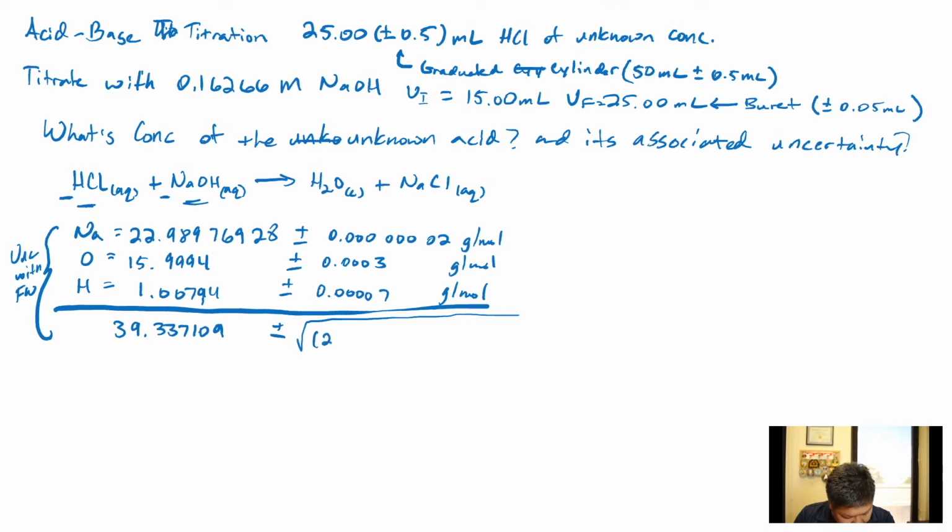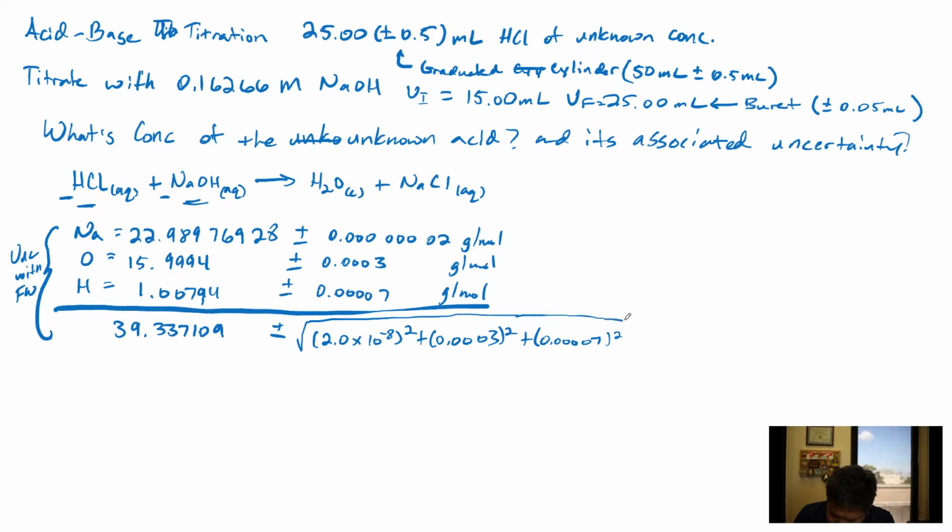And then again, I'll write this in scientific notation so it's shorter. Don't have to make the thing so long. Plus, so 2.0 times 10 to the negative 8, squared, plus the 0.0003 squared, plus the 0.00007 squared.